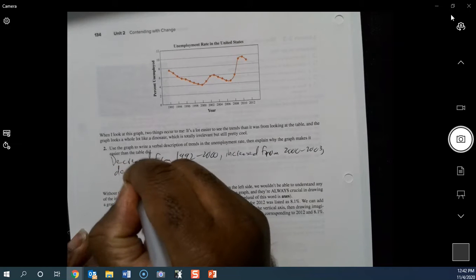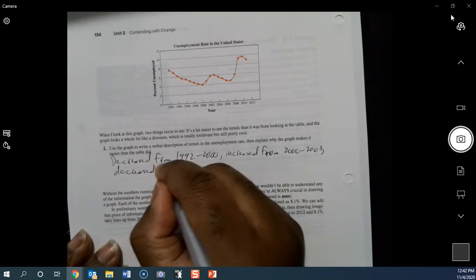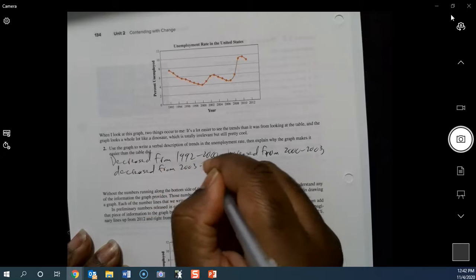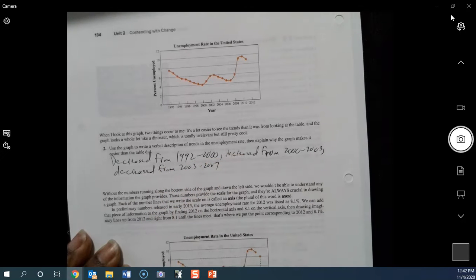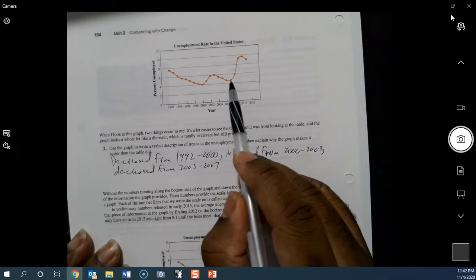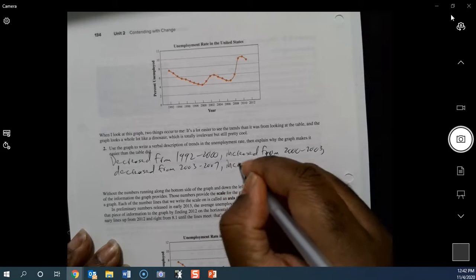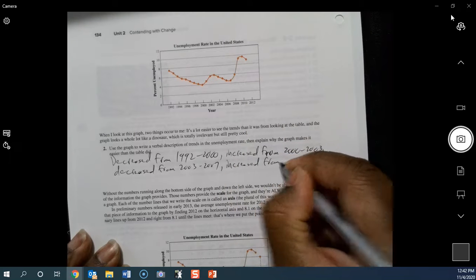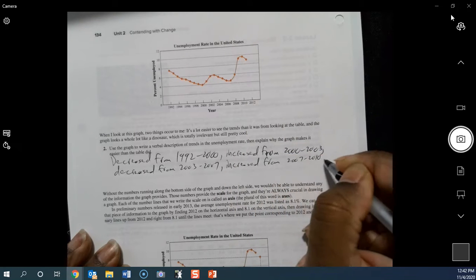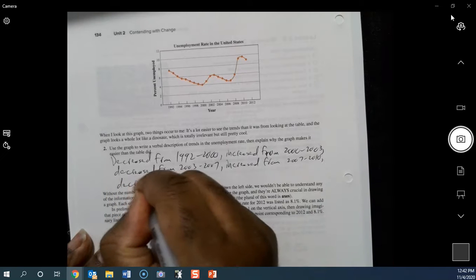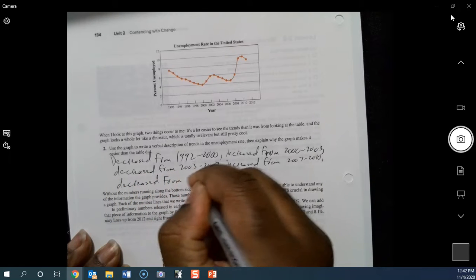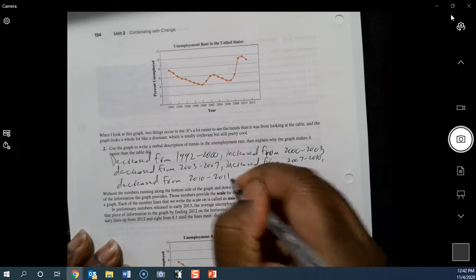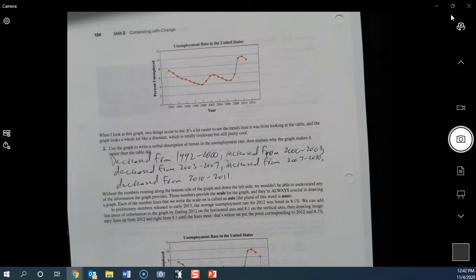So it decreased from 2003 to 2007. And then it increased from 2007 to look like 2010. And then it decreased from 2010 to 2011. So basically the same thing that we noticed from the table, but it was easier.